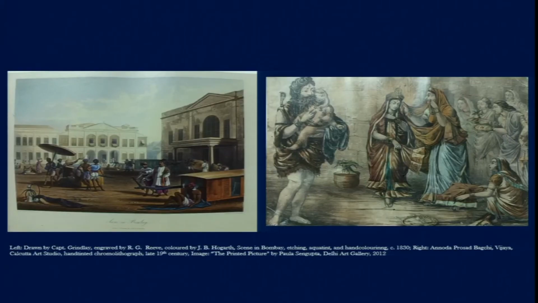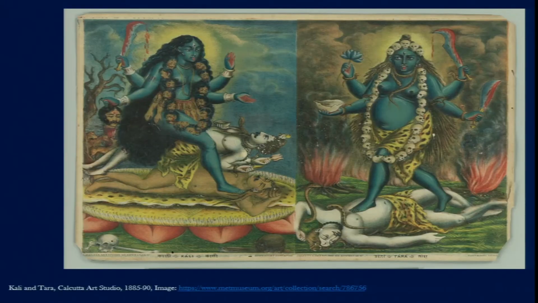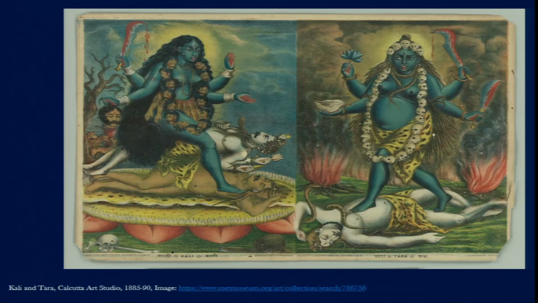So in terms of all these images, we can see that some of these local aesthetics had their influence on the image making conventions. For example, some of the images like this one. In this one there are two representations of goddess Kali, and so this is goddess Kali and goddess Tara, and they are considered to be part of the 10 Mahavidyas.